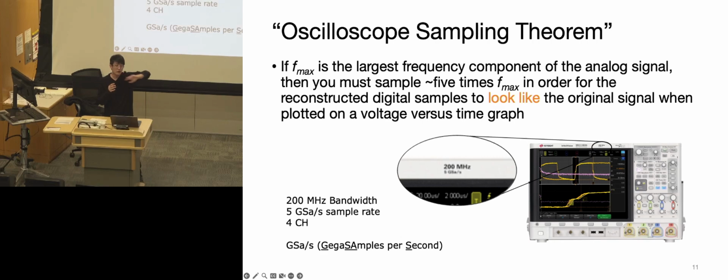If you do all four channels at once, that sampling rate is divided among the 4 channels, and each channel can do 1.25 gig samples per second, which is about 6.25 times the 200 megahertz.